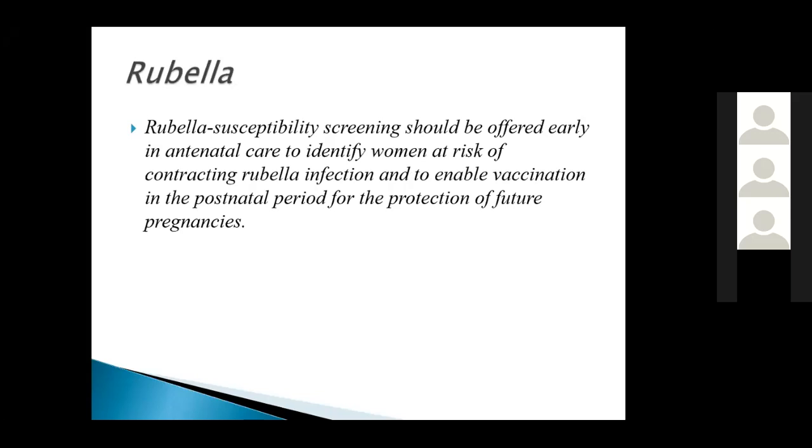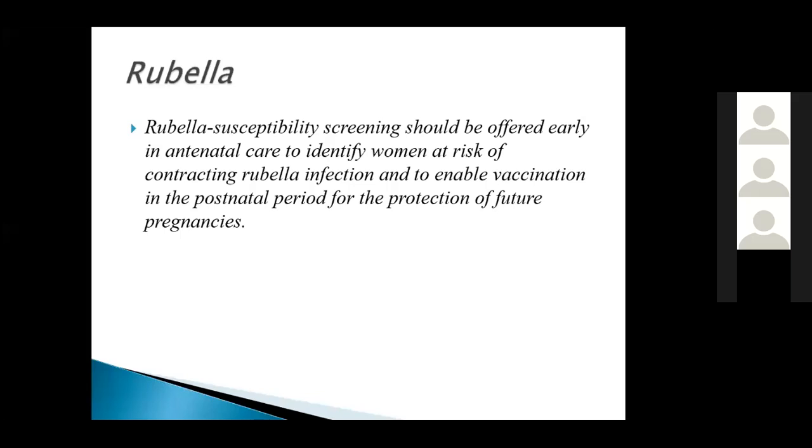Again, you see, if a female has rubella IgG negative, then it means she is not immunized. If she is not immunized, what will we do? We are not going to give her the vaccine against rubella during the pregnancy because it is a live vaccine, and live vaccine is not recommended during pregnancy.